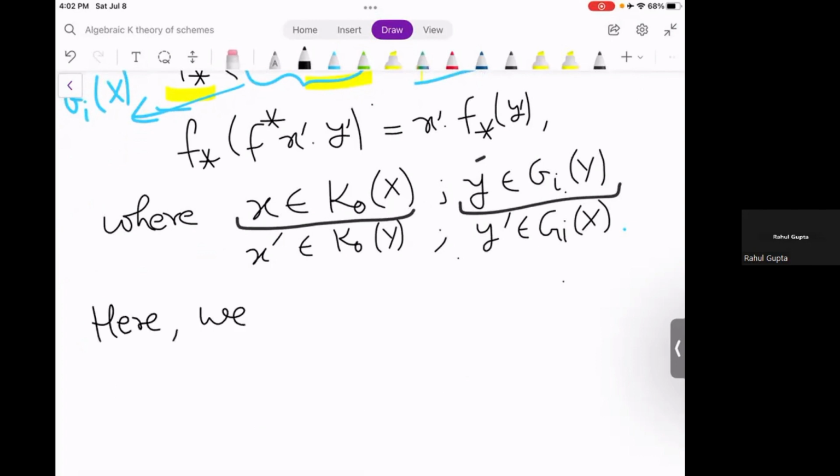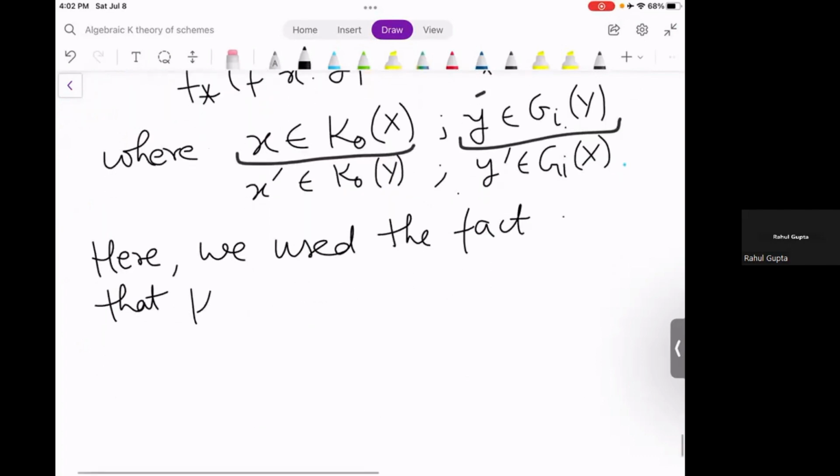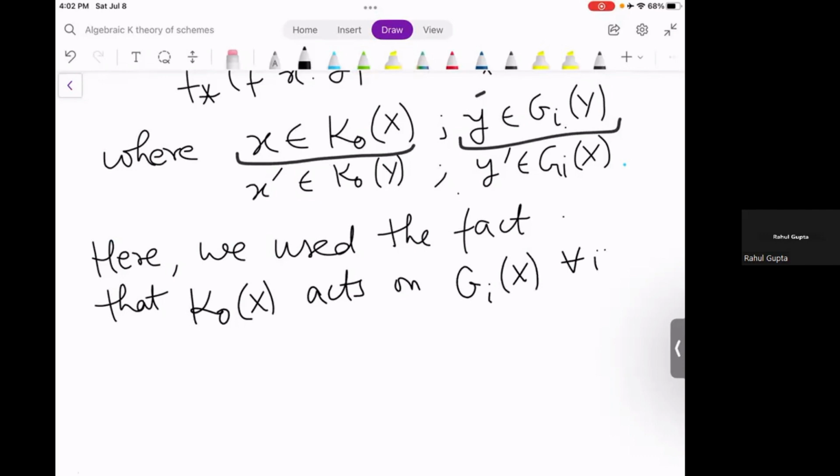Here, we used the fact that K naught of X acts on GI of X or Y. Yeah.